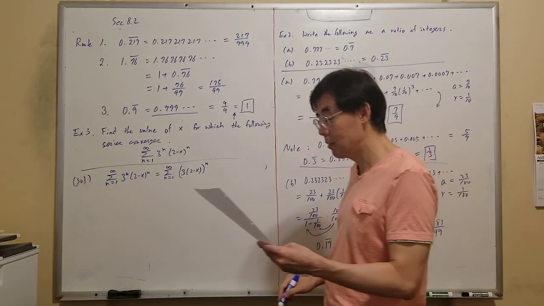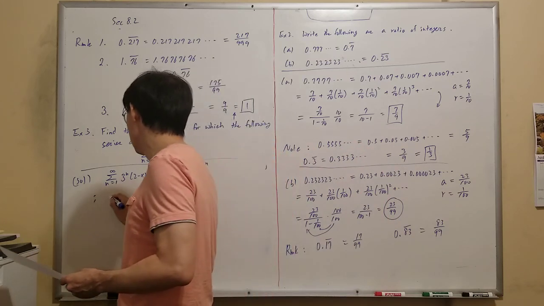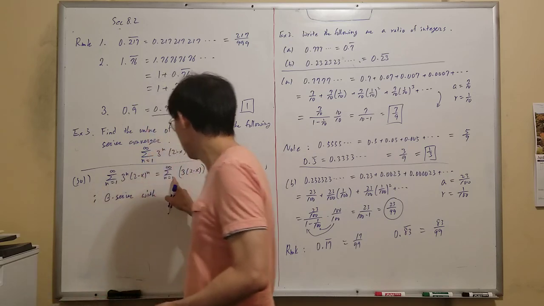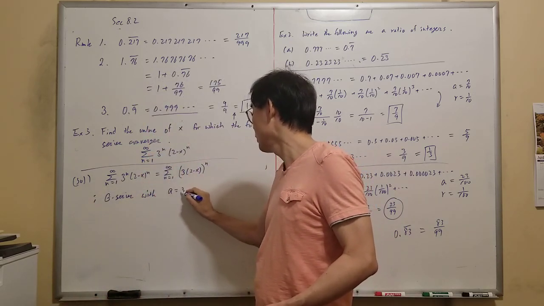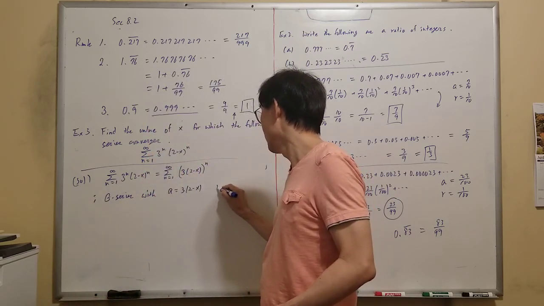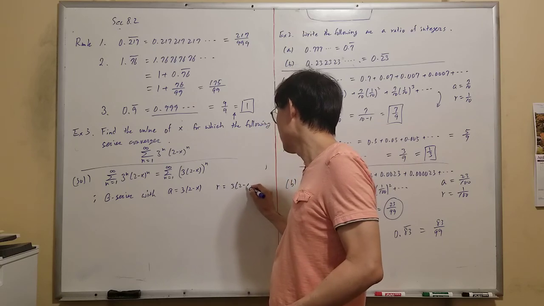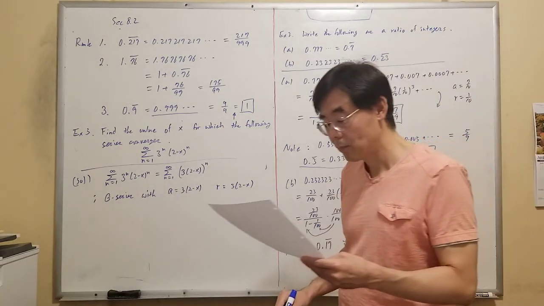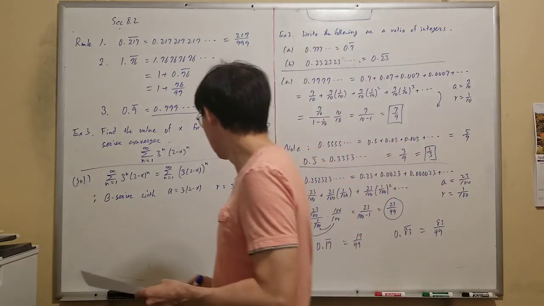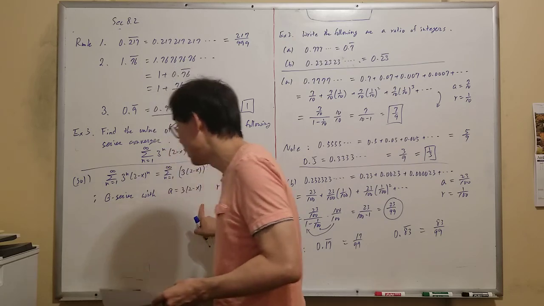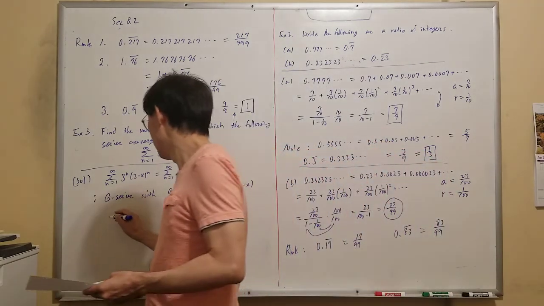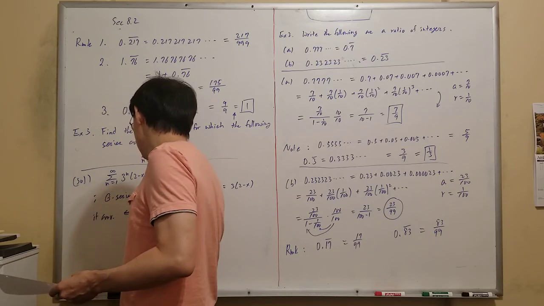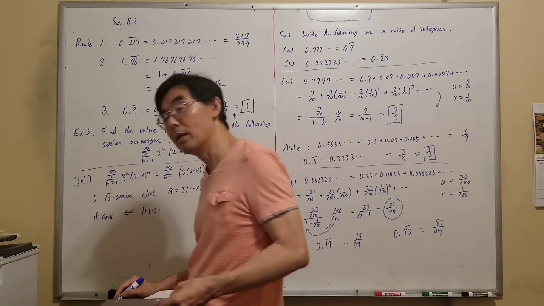So what kind of series is this? This is a geometric series with the first term a equals 1. A equals 3 times 2 minus x. Common ratio is 3 times 2 minus x. Right? So, this one converges if and only if the absolute value of r is less than 1.